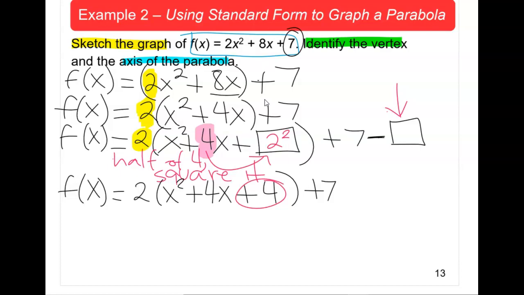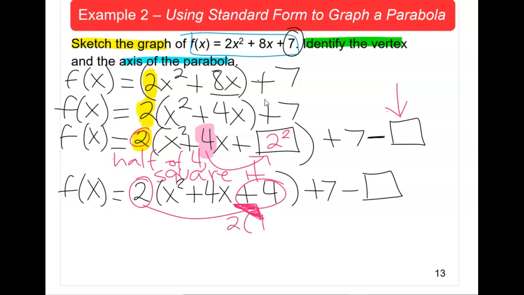So if it was a 4, I'm adding a 4, I will subtract 4, and it's like positive 4 minus 4 is 0, so it's like I added 0 the whole time. However, I don't need to subtract a 4, because what I did here is I factored out the 2, so then the number that I am actually adding is the product of the number that I factor out times 4.